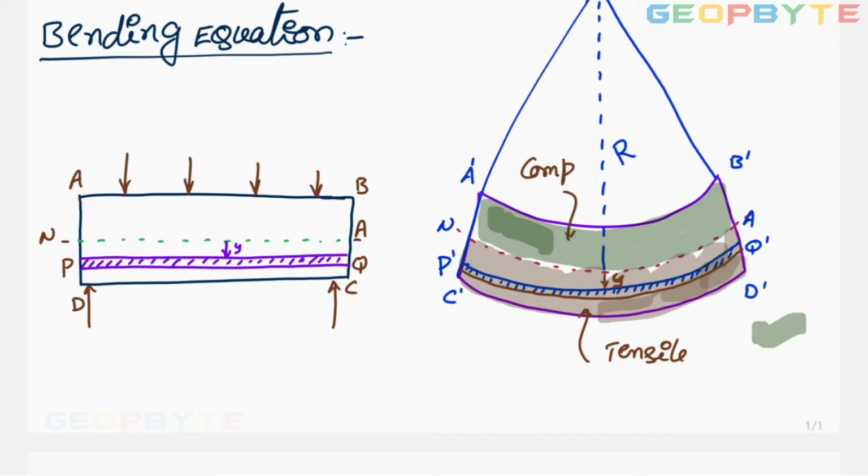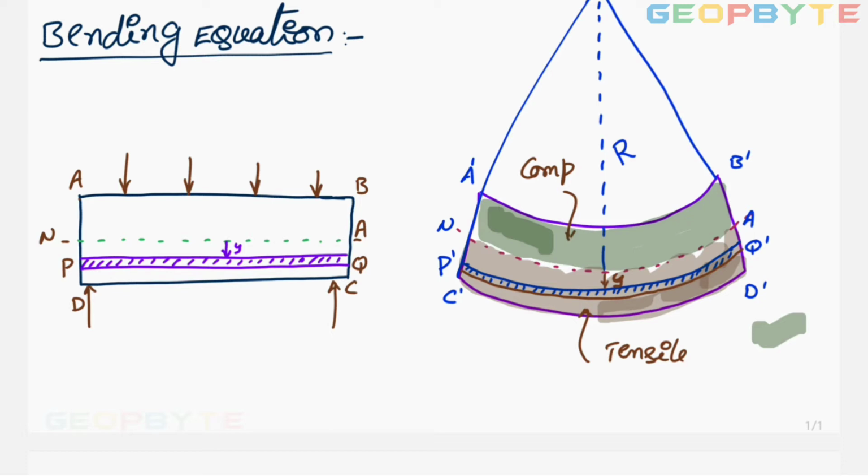That means half the portion of the beam is subjected to compressive force and the remaining half to tensile force. The net resultant force on the neutral axis is 0. Since the net resultant force on the neutral axis is 0, the length of the neutral axis cannot be changed.